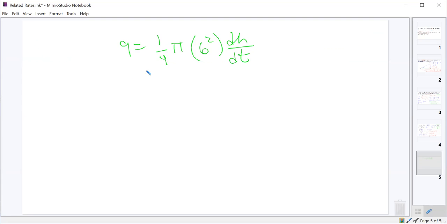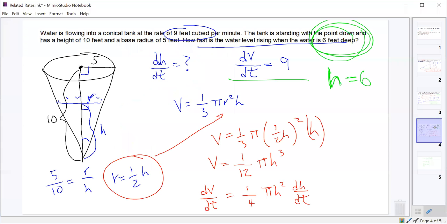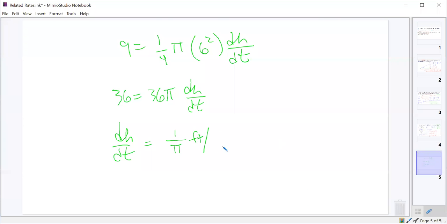So we will solve for dh/dt. We'll multiply by the 4. 36 equals 36 pi dh/dt, or dh/dt equals 1 over pi, and I think this was in feet per minute. Yeah, feet per minute. Good or no?